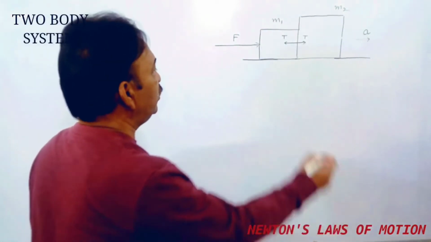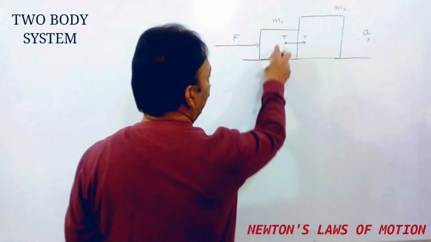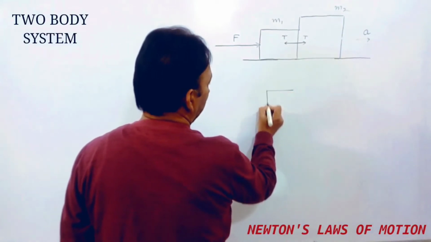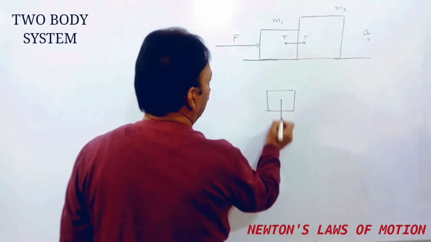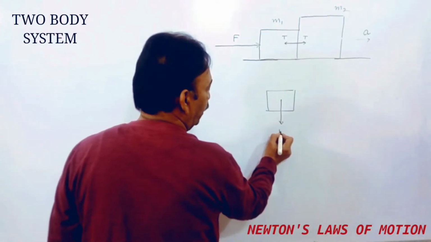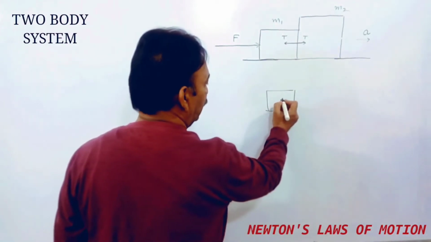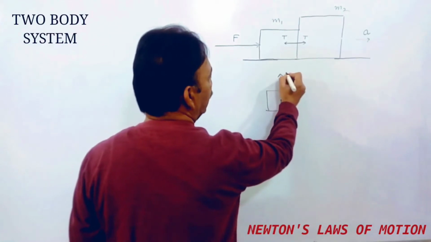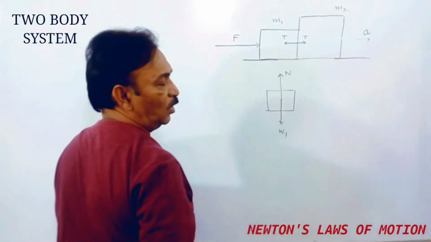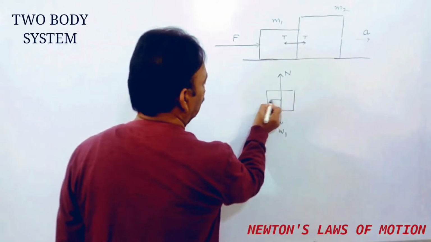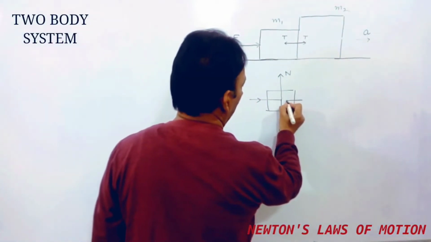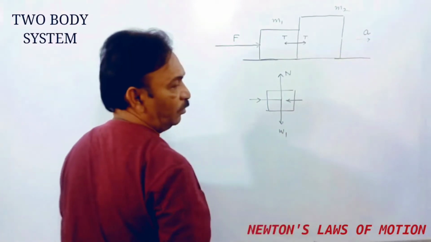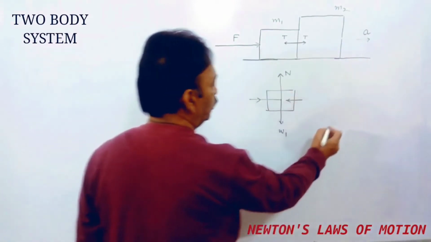To solve this, first we have to draw a free body diagram. Here the weight of the body W1 is acting vertically downwards, and it balances with the normal reaction N1. Additionally, one force is acting in this way, the contact force.